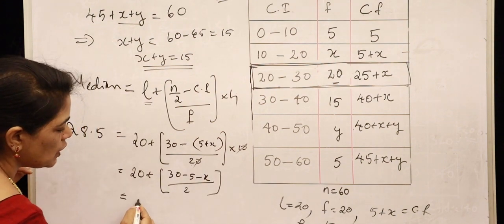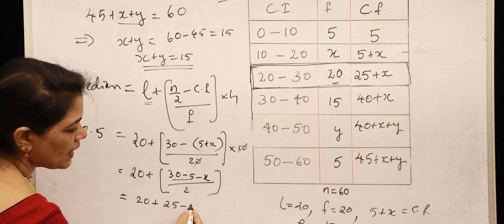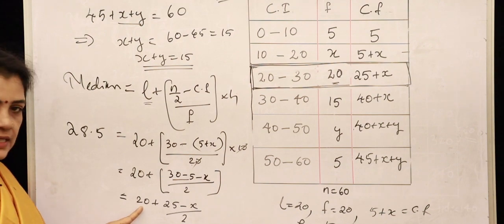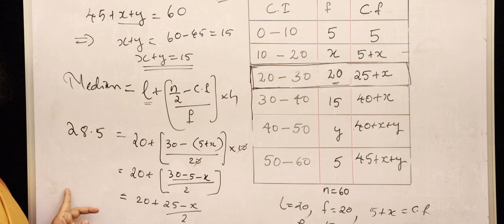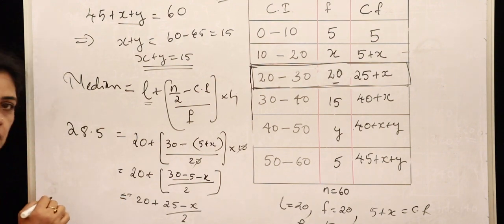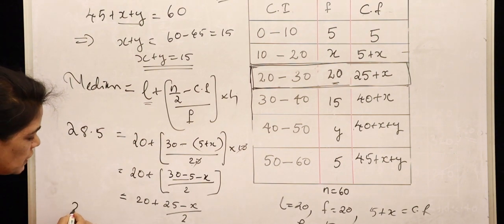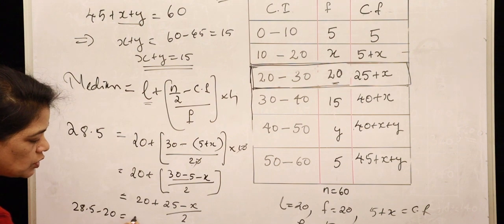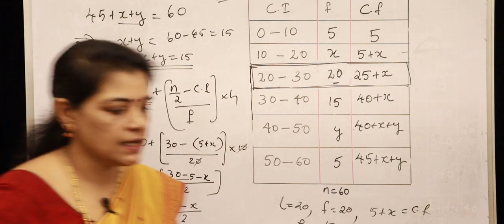Okay, so 20 plus, here it will be 25 minus X by 2, and this 20 is an independent number, whole number can be taken to LHS by subtracting, because this is plus 20. So when you take it here, it will be minus 20, that is 28.5 minus 20 is equal to 25 minus X by 2. Idea is clear, children?